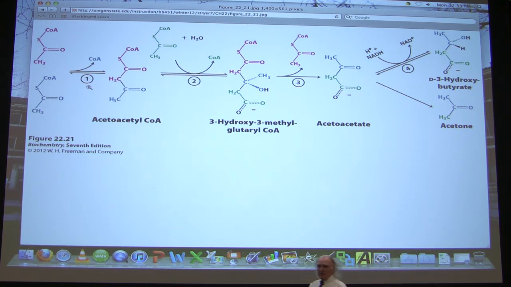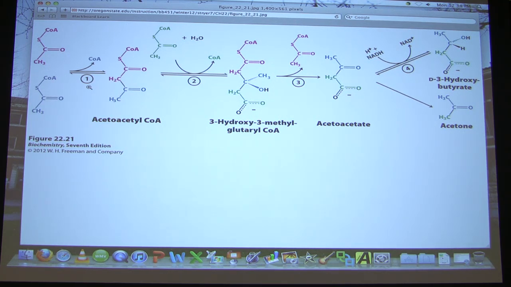It turns out that we make ketone bodies starting with the last enzyme of fatty acid oxidation. Thiolase, you recall, split off a 2-carbon piece from a longer chain, right? Breaking between carbons 2 and 3. Well, what if that last piece has 4 carbons? It's going to make two 2s, right?